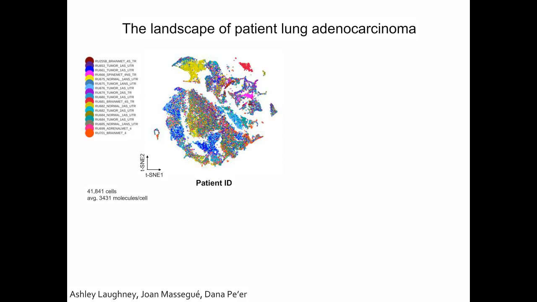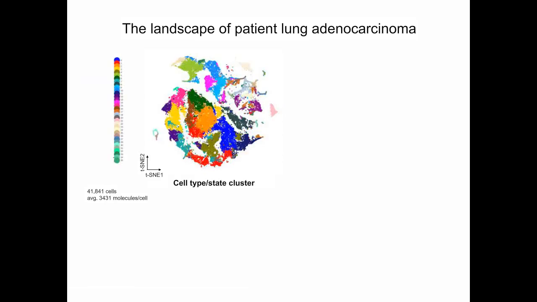And so now this is the same data, but instead of being colored by patient, it's colored by cell type. And so we're pulling all different kinds of cell types out of this. Many of these are infiltrating immune cells, but many of these other cell types are the cancer cells themselves.